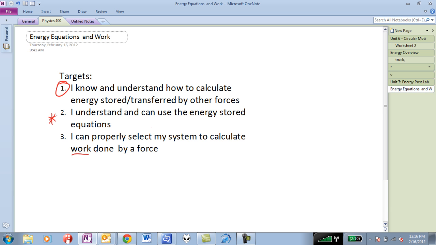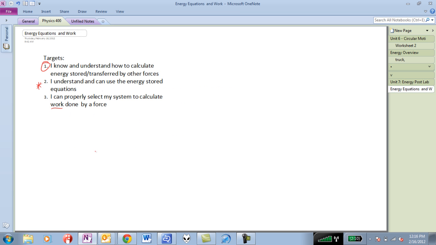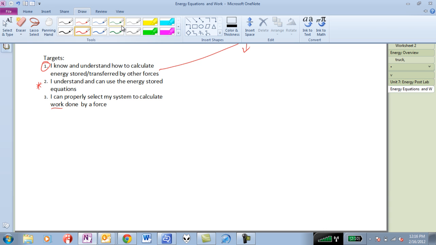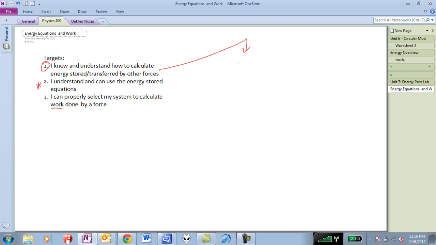So first off, number one, how to calculate energy stored by other forces. The first force that we are going to start with here is actually Fg. So in order to calculate energy stored or transferred by a force, the goal, as we talked about yesterday, is going to the proper graph.